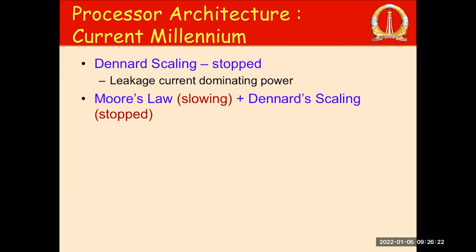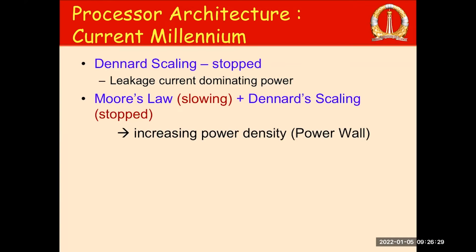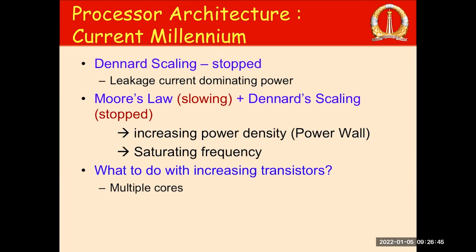It has not stopped working, but it has slowed down. Whereas Dennard's scaling has stopped working. Because of these two reasons, you are going to have more number of transistors, but the power budget is going to increase, or you can't at least increase the clock frequency anymore, right? So this has resulted in saturating the clock frequency, right?